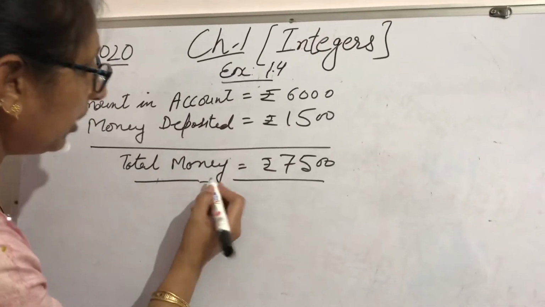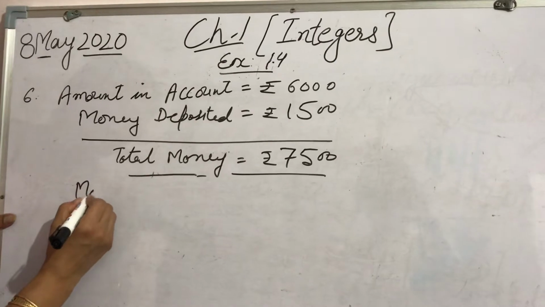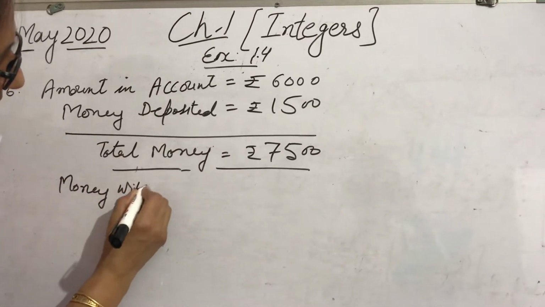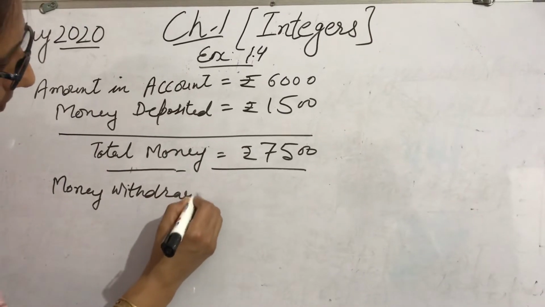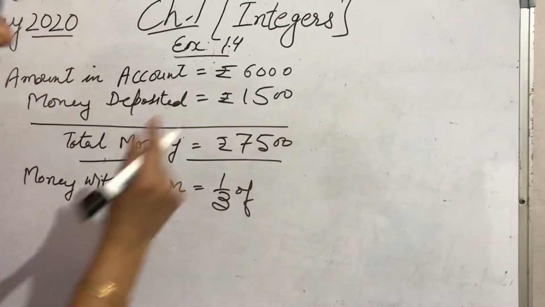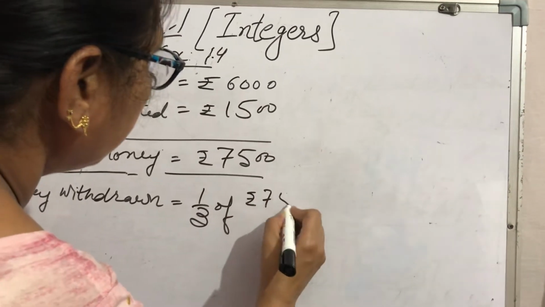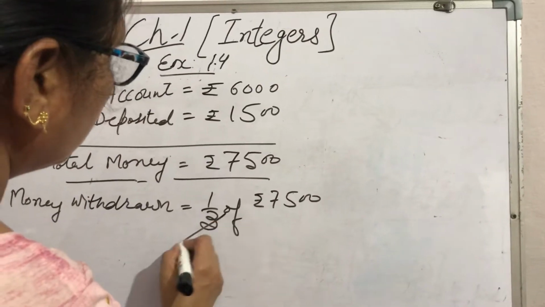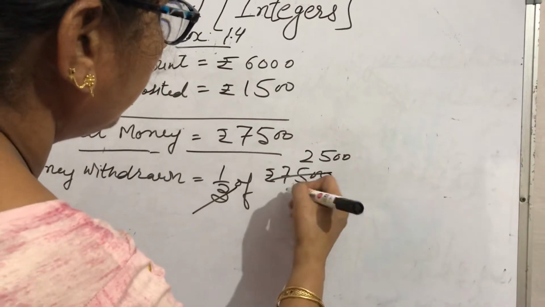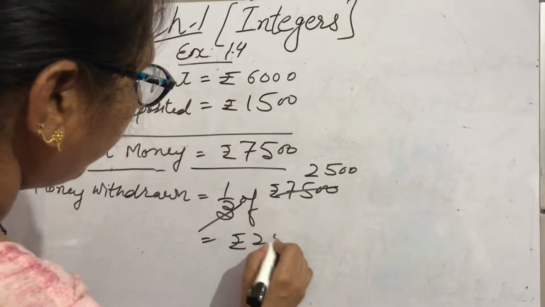Now how much money has he withdrawn? Money withdrawn, 1/3 of this total amount, rupees 7,500. So it will be multiplied: 1/3 multiplied by 7,500, it will be rupees 2,500.